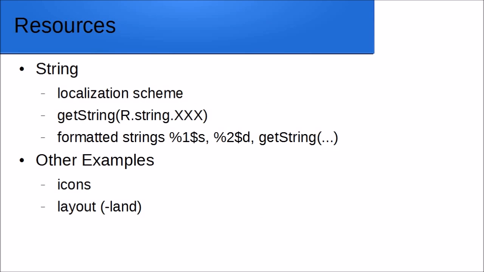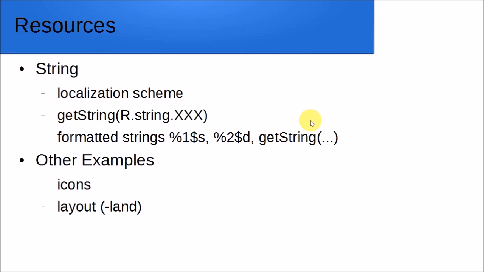Okay, and I'll go over resources just briefly. The string is the most important resource, and I'll have some other resource examples. The concept that I want to present here is that Android lets you have multiple versions of the same resource, and then the operating system will pick which version to use based on your environmental settings.